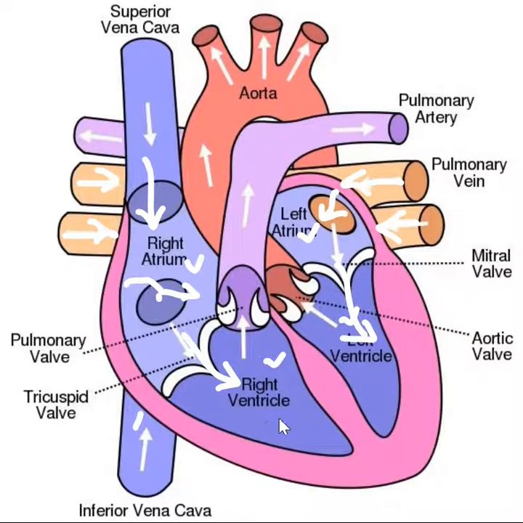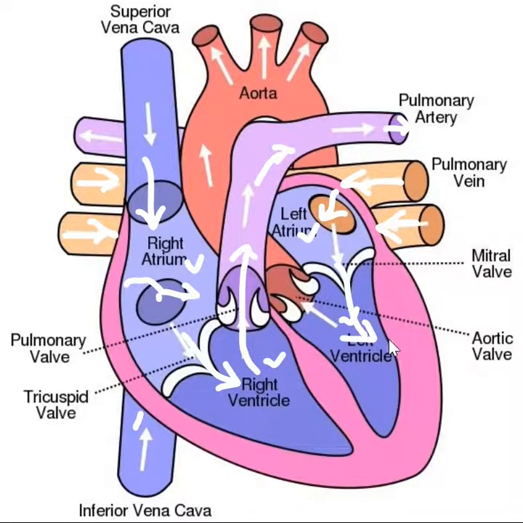The right ventricle pumps deoxygenated blood to pulmonary arteries. This is the pulmonary artery, which supplies blood to the lungs alone.